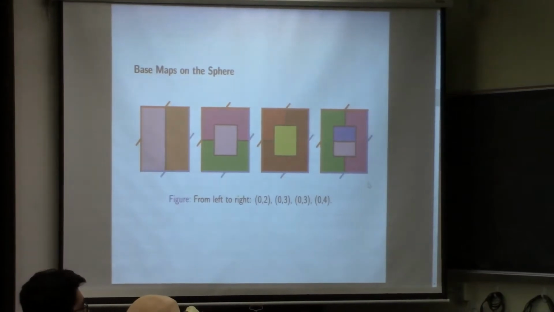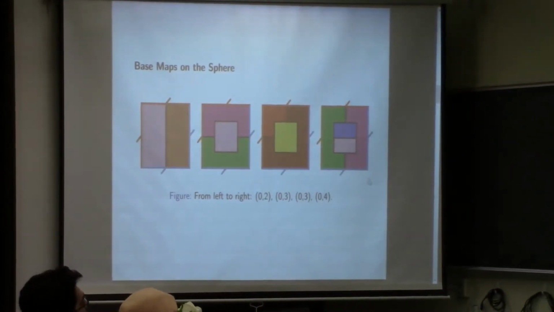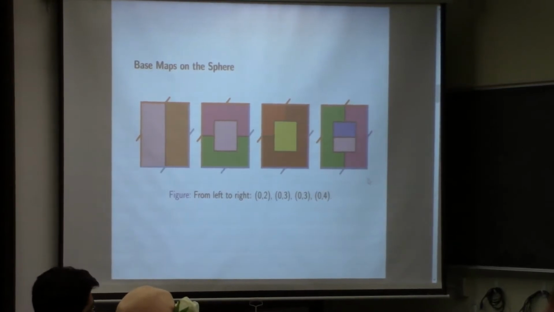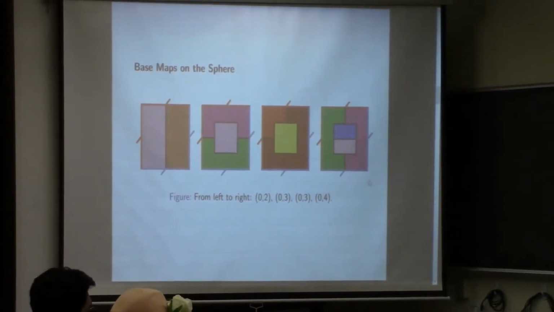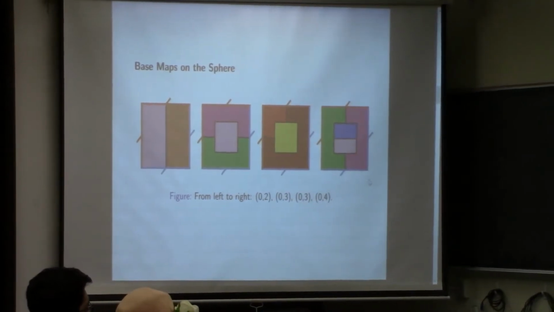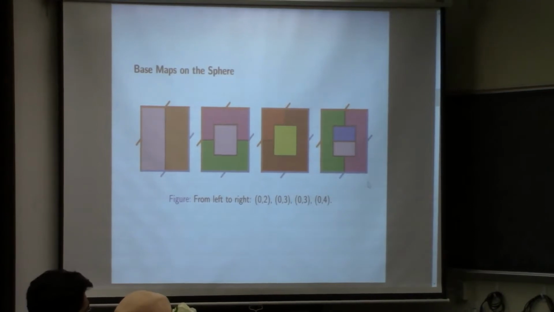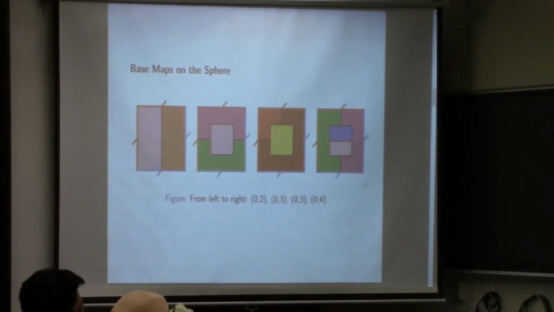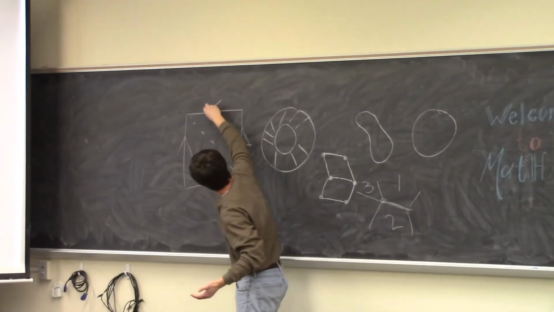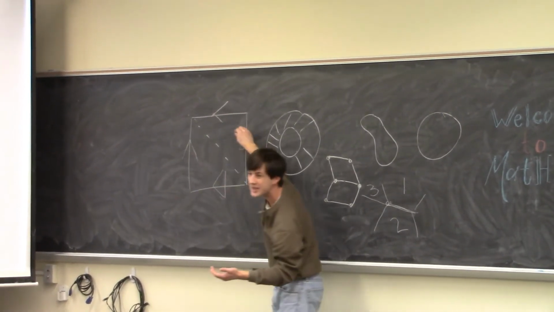Sure, sure. So here, you have a square with its sides identified as follows. You have an arrow here, and here like this, and another one here, and here like this. And if you draw this diagonal, and you fold up this square like a taco, so that these arrows align, they fold together, and these arrows here fold together.